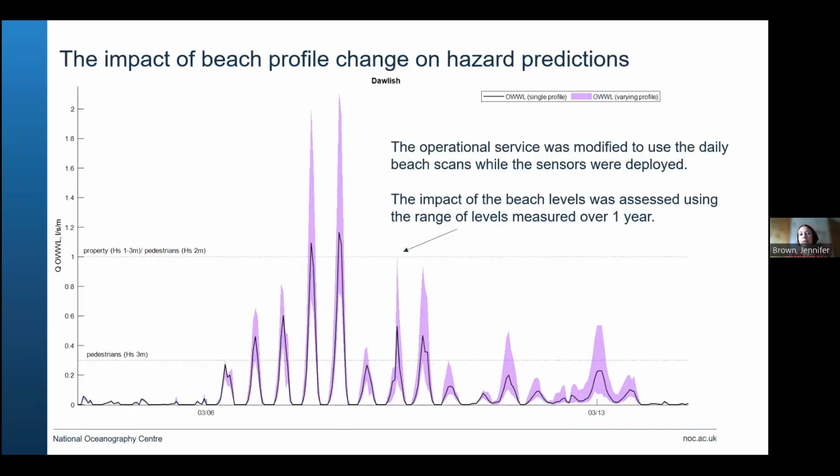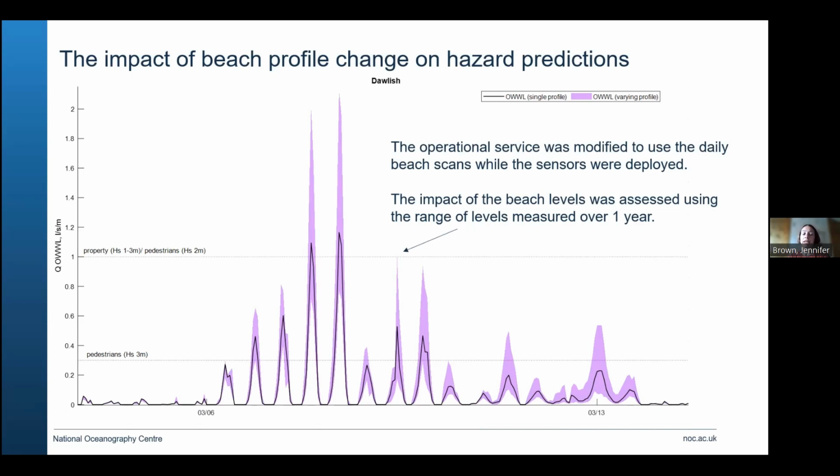So this slide shows us the role of the beach level within predicting wave overtopping. So the black solid line are the predictions over a number of tides from the OWL forecasting system at Dawlish. And this is based on the beach levels collected by Plymouth Coastal Observatory.